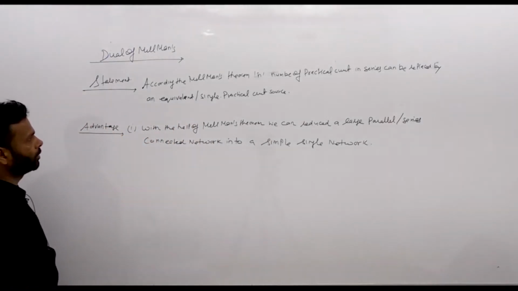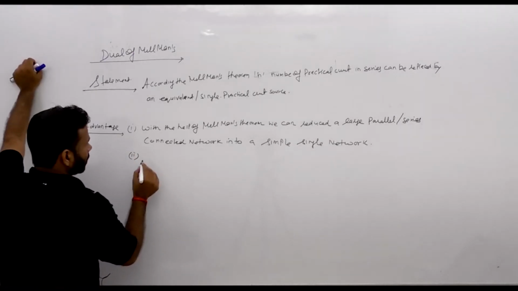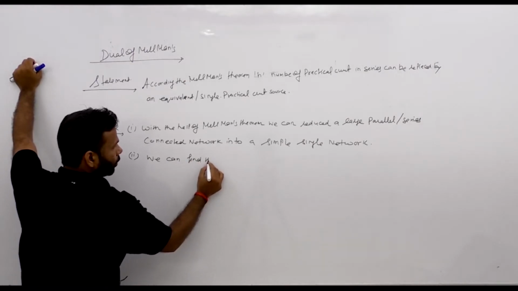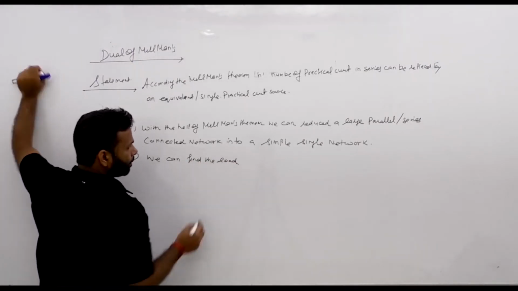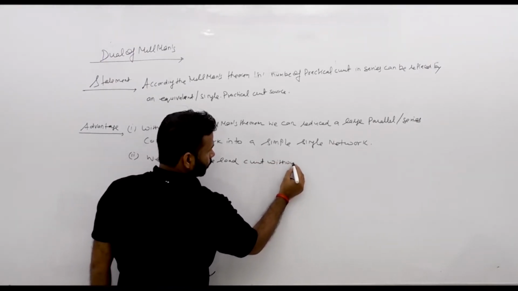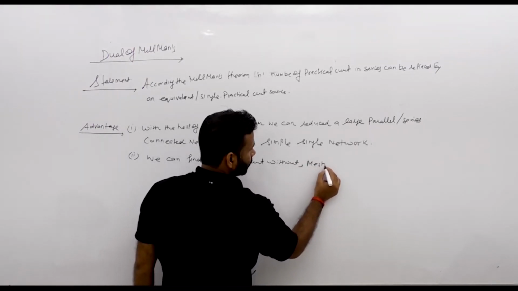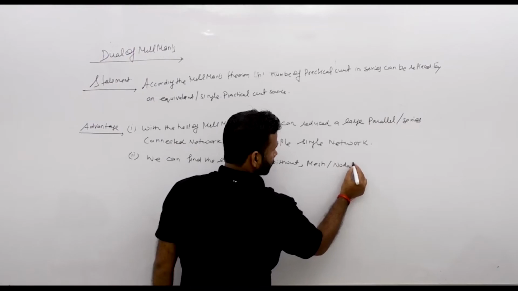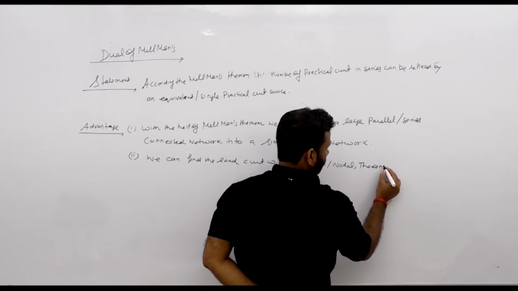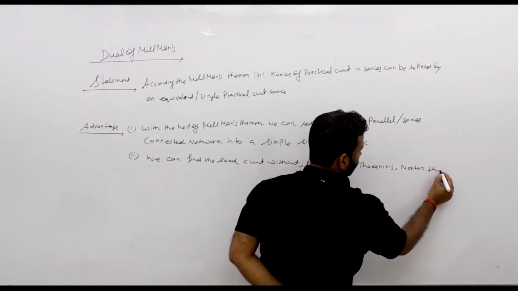Now what should be the advantage number 2? Now advantage number 2 is that we can find the load current without the mesh, nodal, then Thevenin's, Norton theorem.